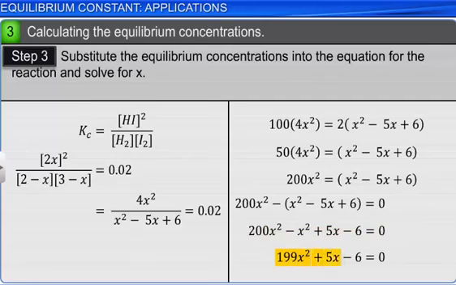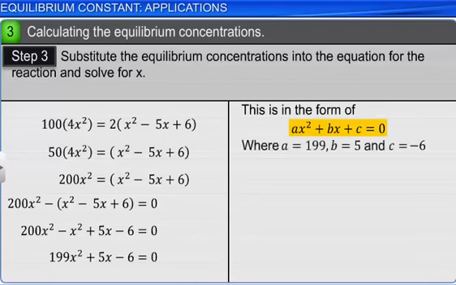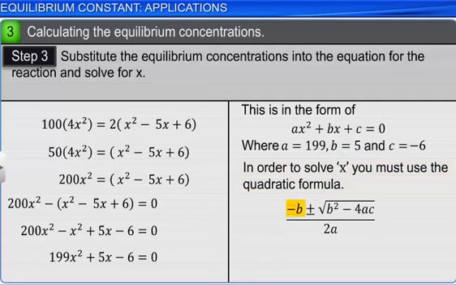This is in the form of a quadratic equation ax² plus bx plus c is equal to 0. In this equation, a is equal to 199, b is equal to 5 and c is equal to minus 6. In order to solve for x, you must use the formula x is equal to minus b plus or minus square root of b² minus 4ac divided by 2a.